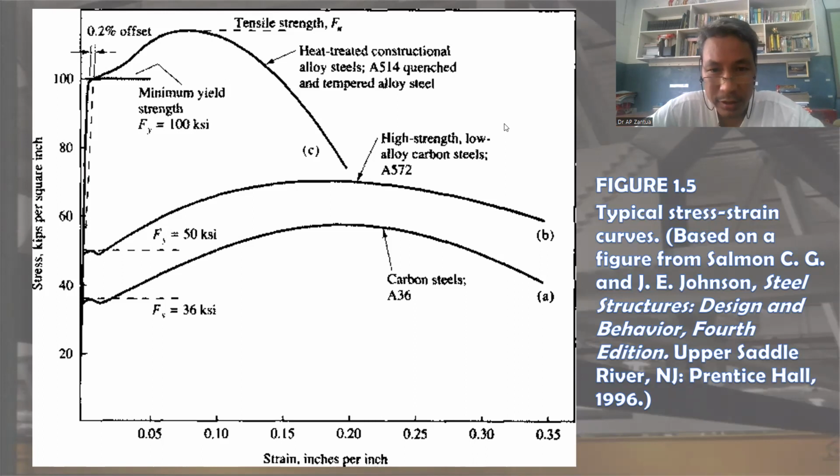A36 is known to be a carbon steel. A572 is known to be high-strength, low-alloy carbon steel. And A514 is known to be heat-treated construction alloy steel, which is quenched and tempered.